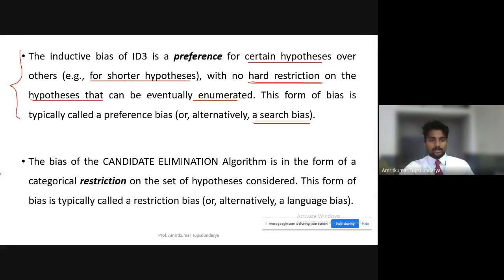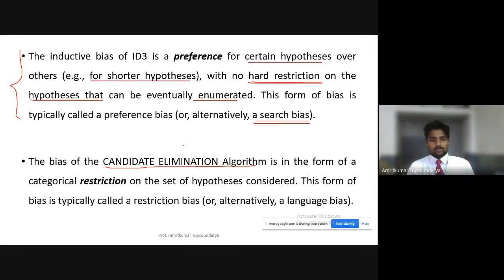Now, on the other hand, the inductive bias used by the candidate elimination algorithm, if you can recall the diagram we saw when we discussed it. We had a block diagram with the candidate elimination algorithm, the training data set coming into it, and also a type of inductive bias attached to it, which was giving better accuracy from the overall result point of view.